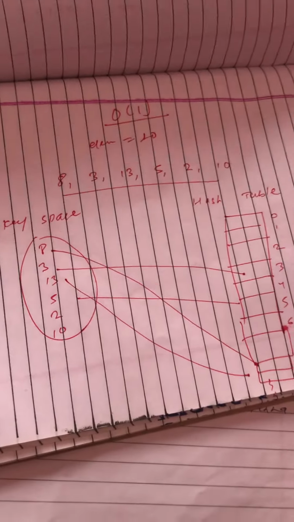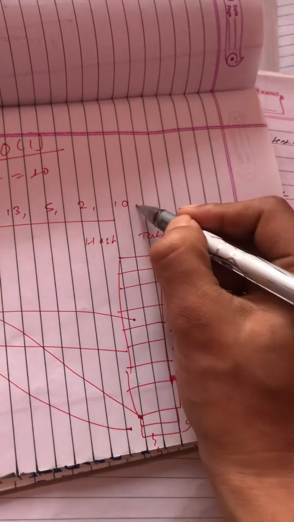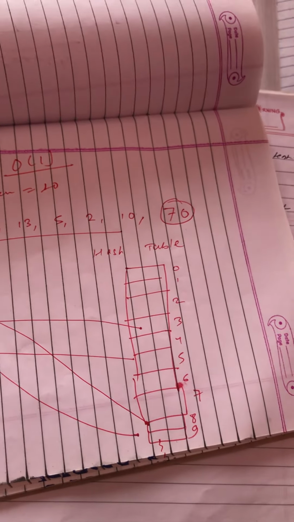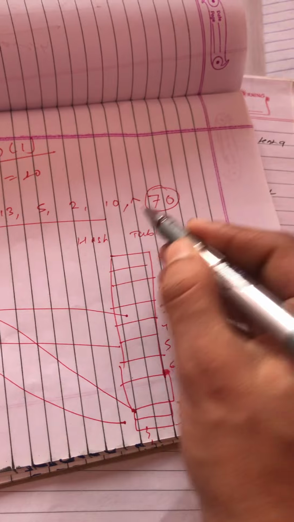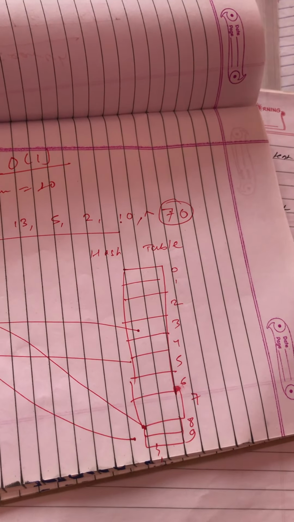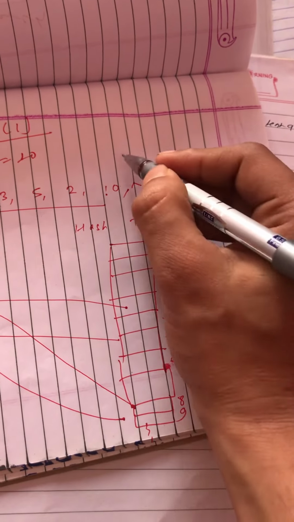But the main problem of hashing is that if we have to store, let us suppose, element 70, then there is a big gap between 10 and 70. The gap between 70 and 10 is 60.